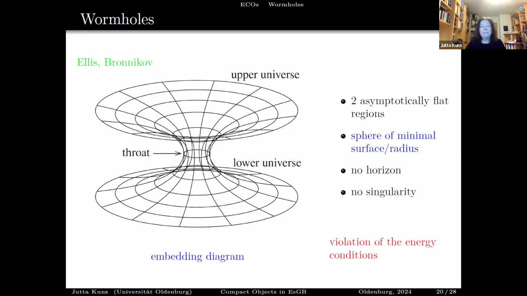But here we have 2 universes, let's say an upper and a lower universe, and in between we have this throat, a minimum circumferential radius. We don't want any singularity. We don't want a horizon. So it should be a traversable wormhole that we aim at.